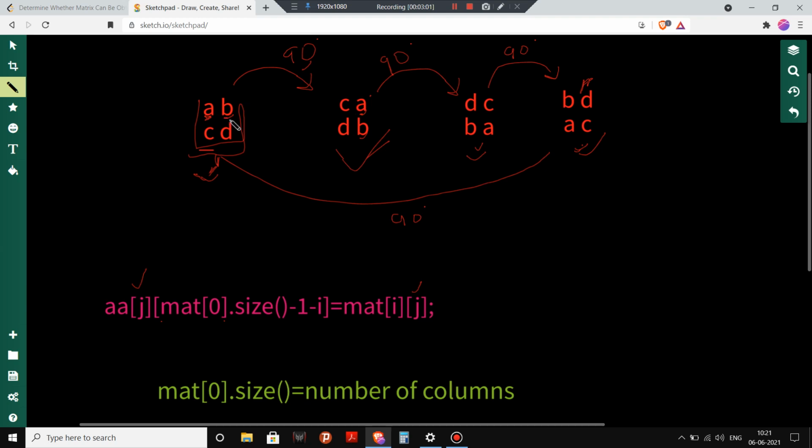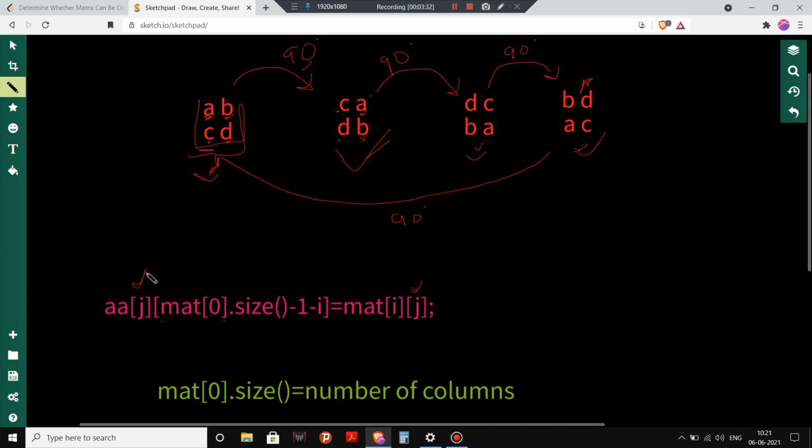The column number of B was 1, so the row number of B becomes 1. The column number of C was 0, so the row number of C becomes 0. The column number of D was 1, so the row number of D becomes 1. So this is the relation I have got between the column number of an element in the initial matrix and the row number of the element in the rotated matrix.